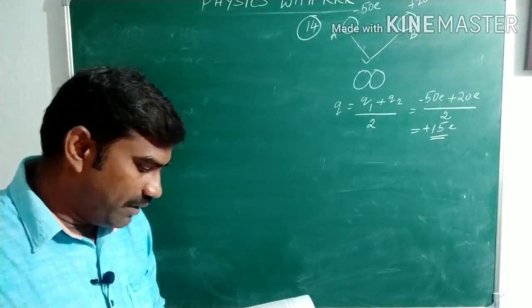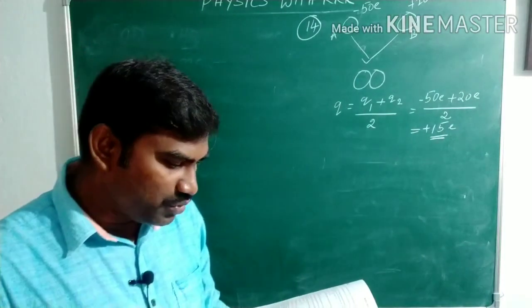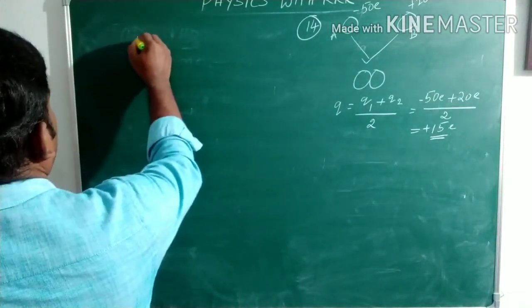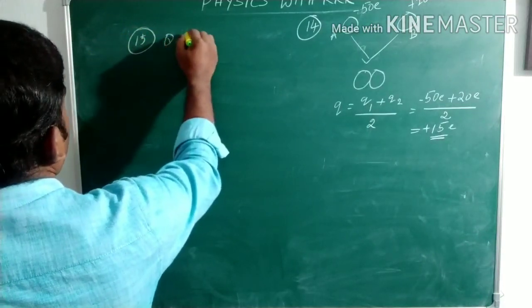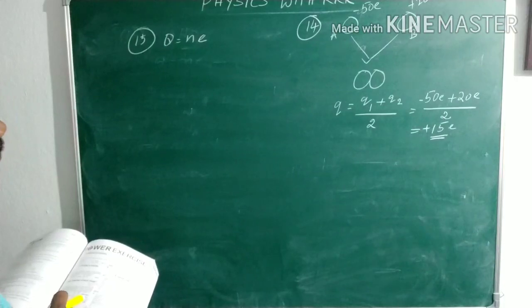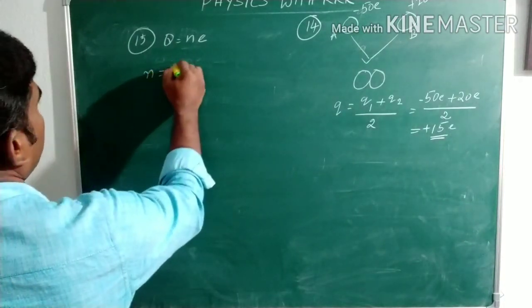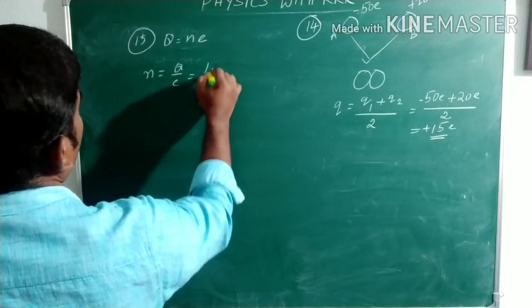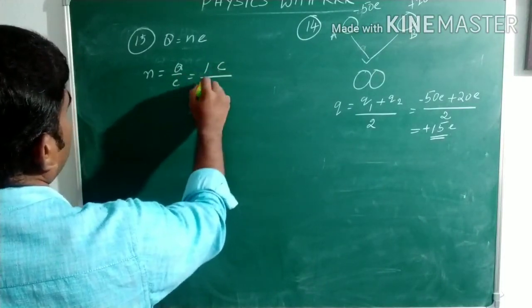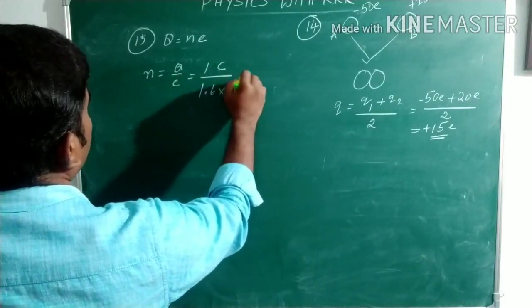Okay, right. The number of electrons in 1 coulomb of charge. This we already discussed. Q is equal to Ne. Now N is equal to Q by E. Q value is 1 coulomb and E value is 1.6 into 10 power minus 19 coulomb.